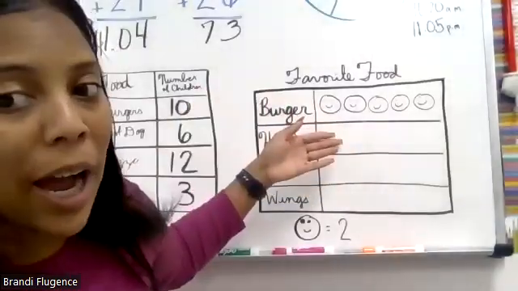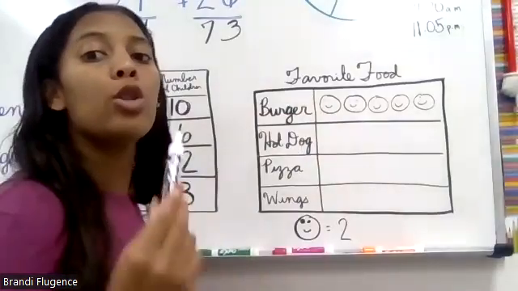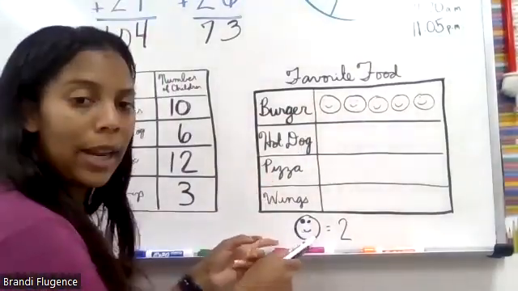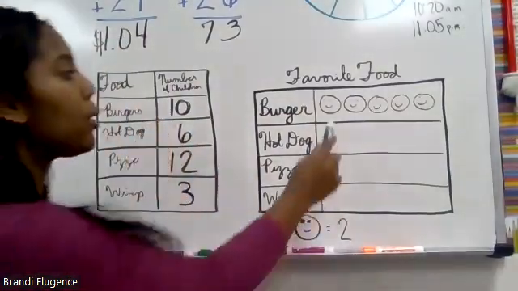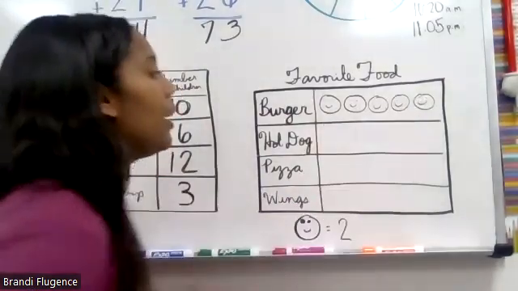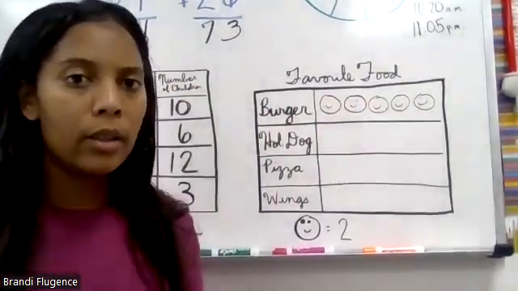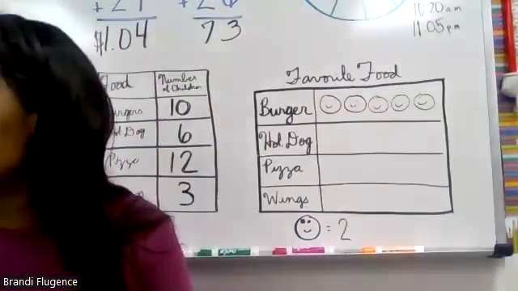That's why we're only doing 5, because 2 times 5 is 10, but each picture represents 2. That's the difference with this pictograph. And look, it tells us right here, each picture is a total of 2. So 10 people said they like burgers, so 2, 4, 6, 8, 10. That's a total of 5 smiley faces. Do y'all understand what I'm doing? Yes, ma'am. Okay, let's do our next one.